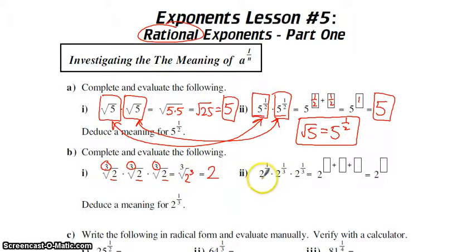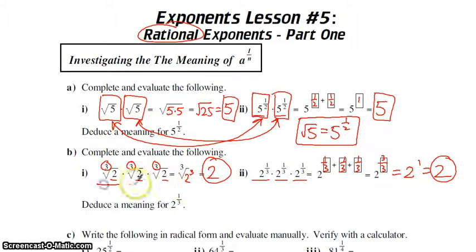Same argument here: 2 to the power of a third times itself three times. When you multiply powers, you add the exponents. Adding 1/3 together 3 times is 3 over 3, the same as 1, which just gives you a 2. Same result, so this must equal that. So we saw that cube root of 2 is equal to 2 to the power of 1/3.